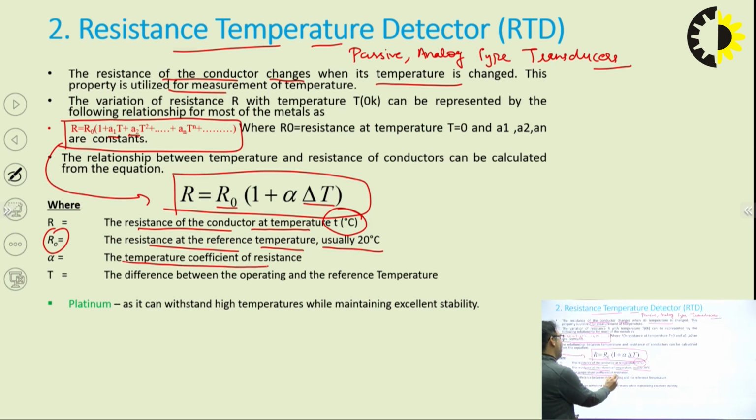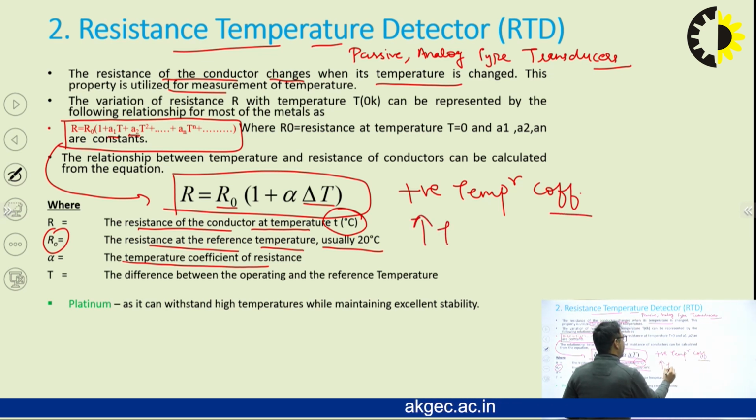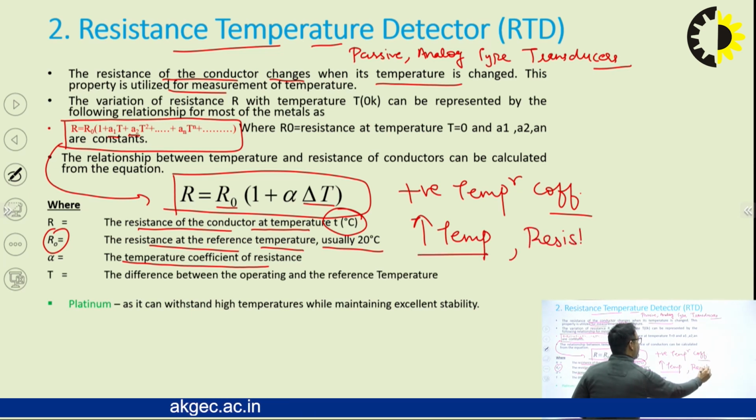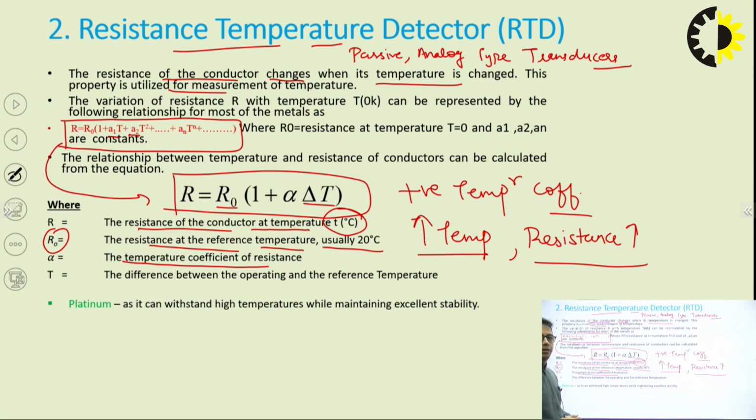Alpha is the temperature coefficient of resistance, and here this is having a positive temperature coefficient, because as temperature rises, resistance also rises. So RTDs are basically having this property that their resistance increases with increase in temperature, and delta T is the difference between the operating and the reference temperature.